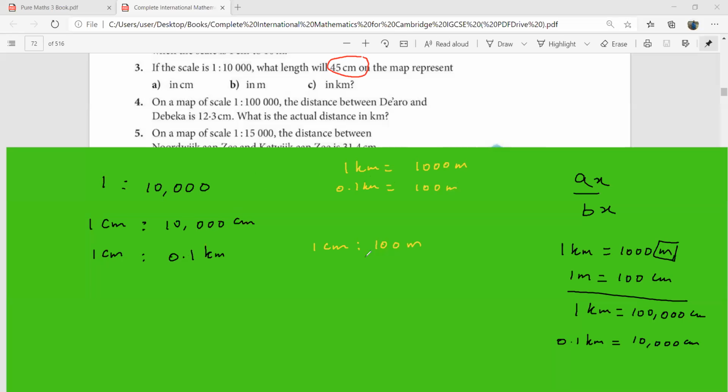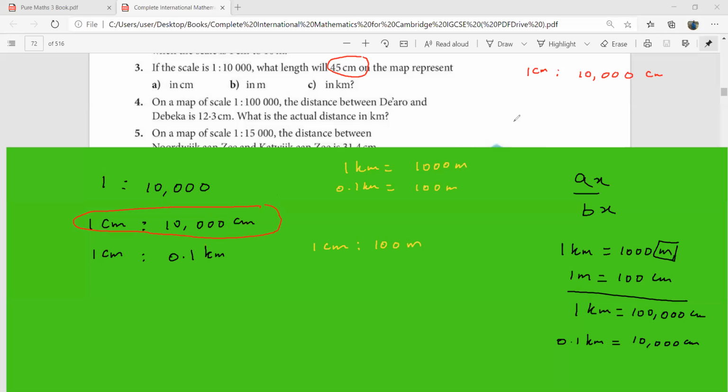So this means you have to, for this we don't need. Let me do it here. So it is 1 ratio 10,000. Okay. So if I write cm here, I'll be writing cm here as well. Okay. As I wrote here in this case. Okay.